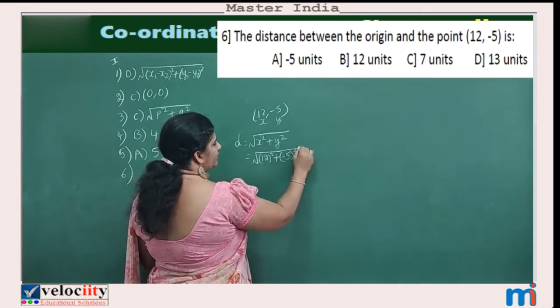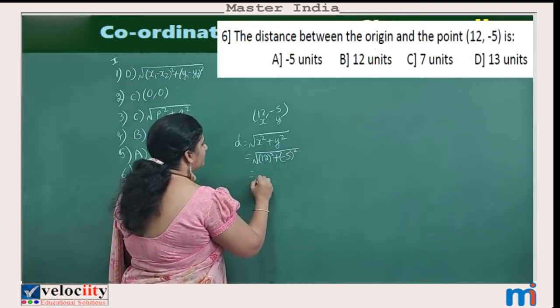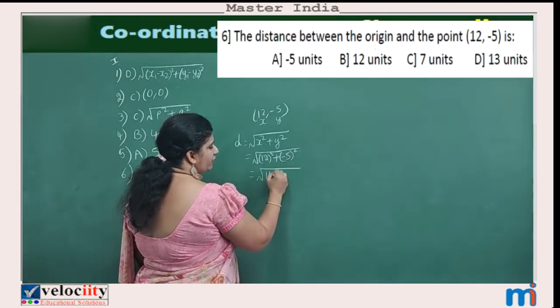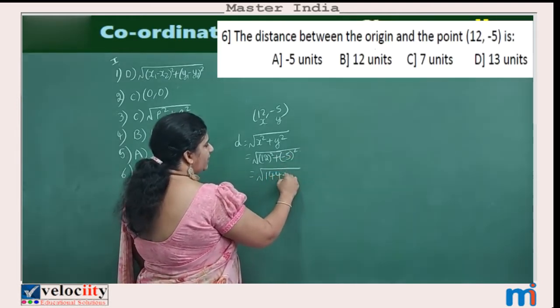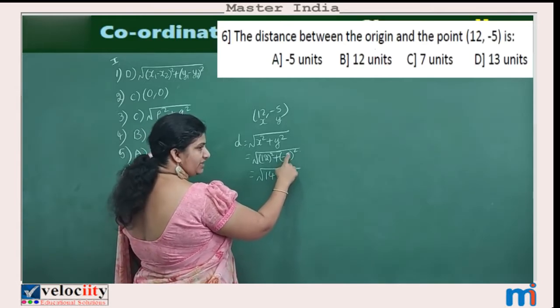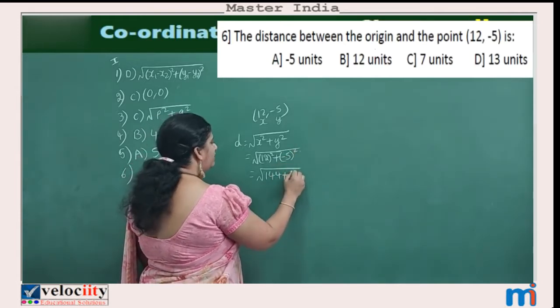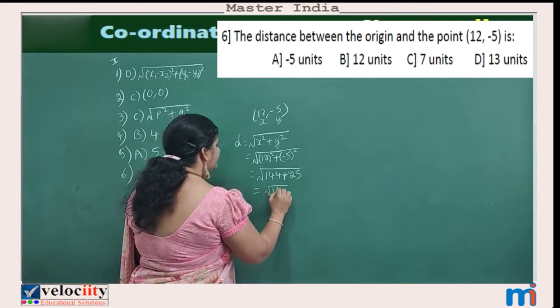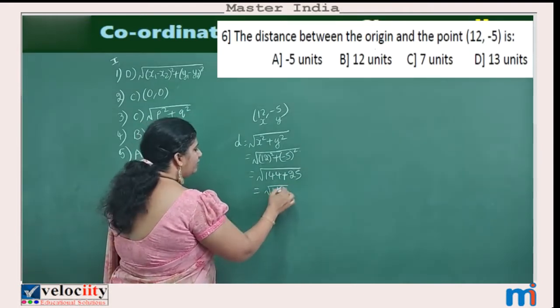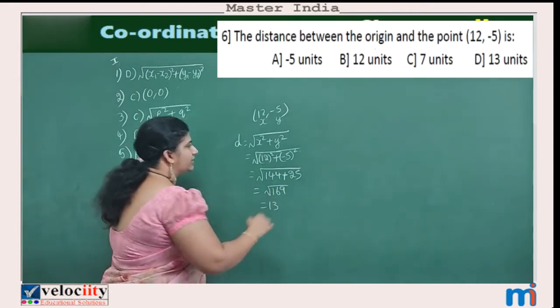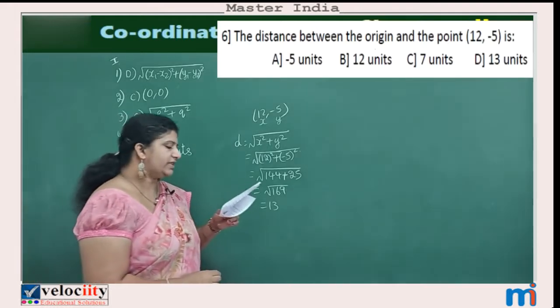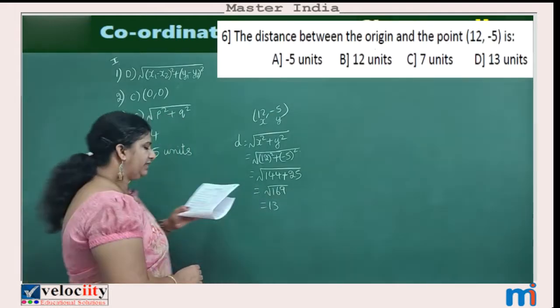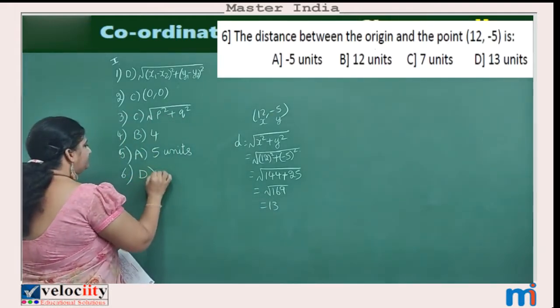Use a bracket here. Minus 5 whole square. 12 12s are 144. Plus, minus and minus will be plus, 5 5s are 25. 144 plus 25 will be 169. Square root of 169 is equal to 13 units. Check for the answer here. Option D, 13 units.